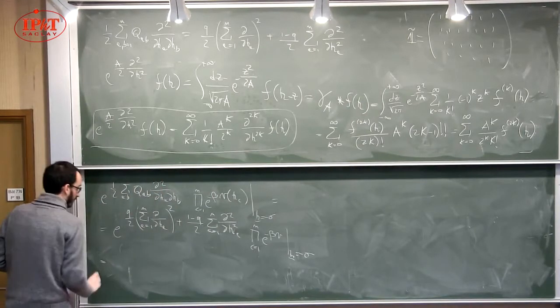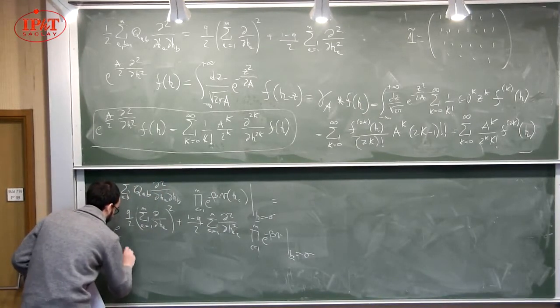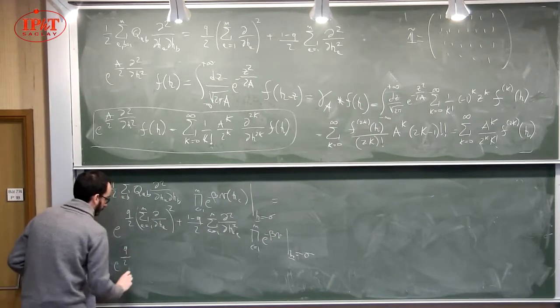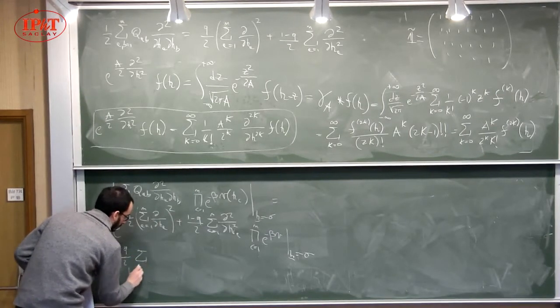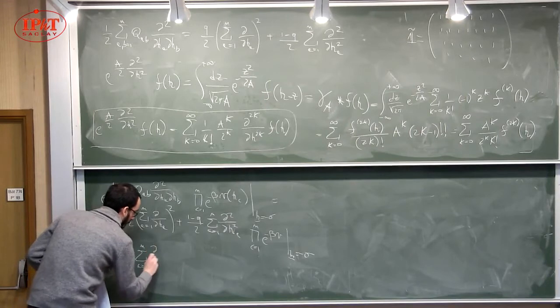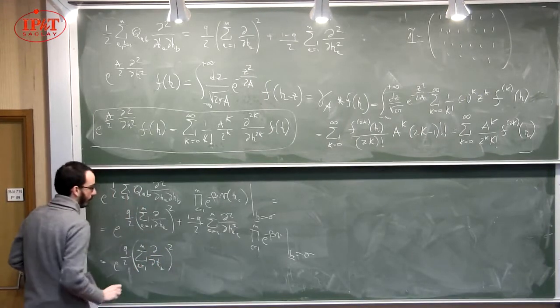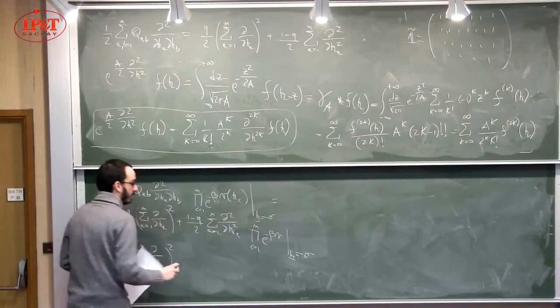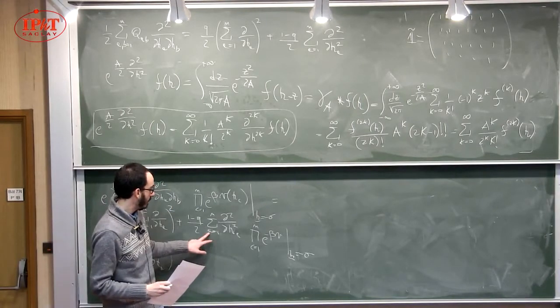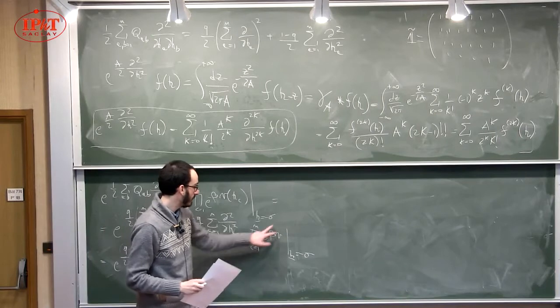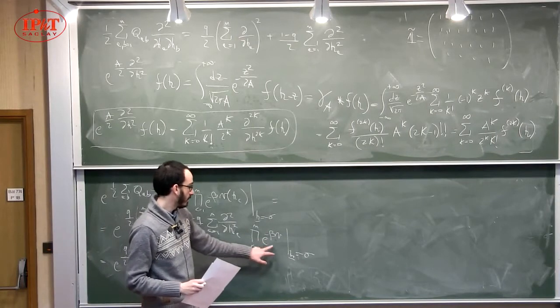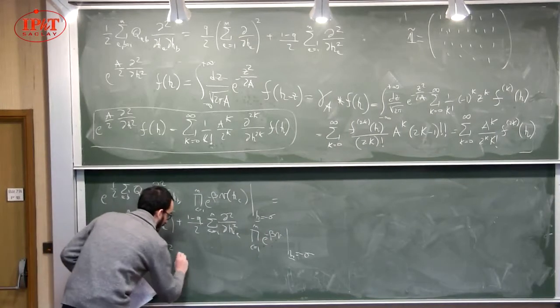And so what I get is just e to the q over 2. And then you see that each a acts on a different term in this product. So you have just the product.